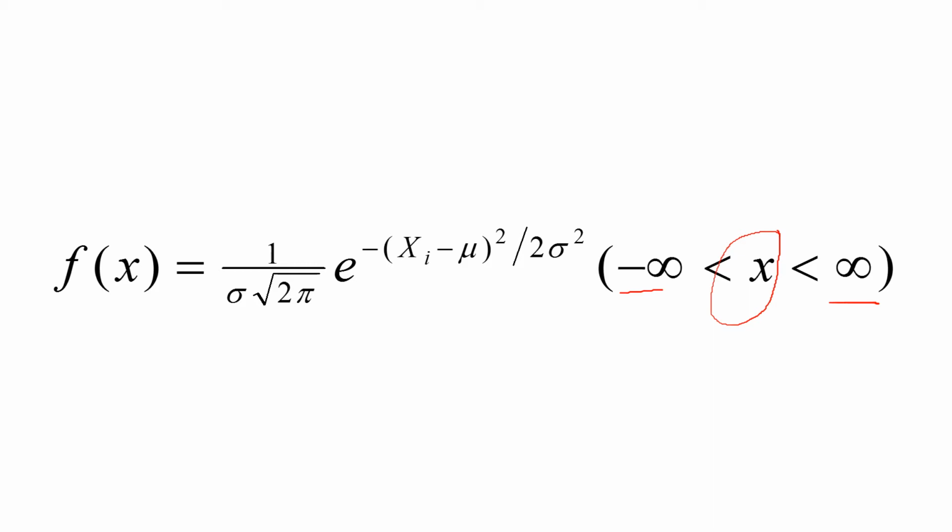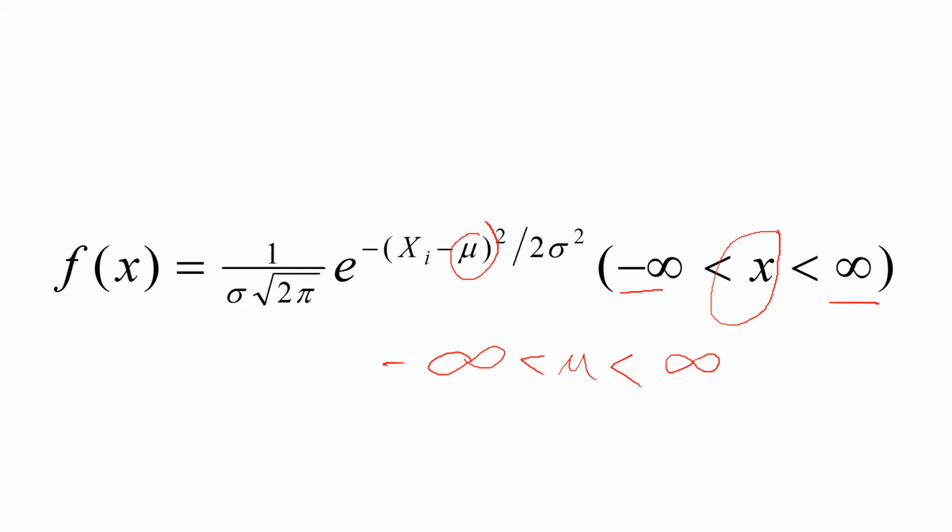First is mu. Mu is the mean of the distribution, and the mean can take any value from minus infinity to infinity.